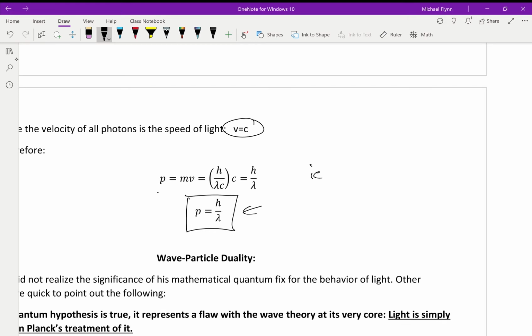Like here, let's do an example. Let's say your wavelength is 600 nanometers. That's our wavelength for red light. Therefore, the momentum of a red photon. Okay, I'm sorry, I gotta grab my calculator.